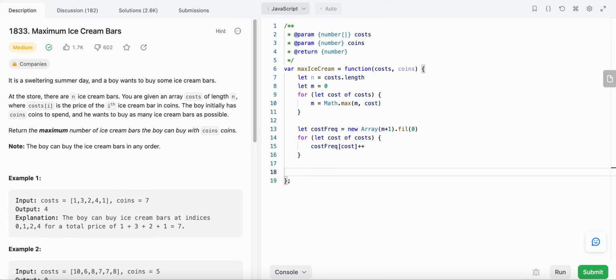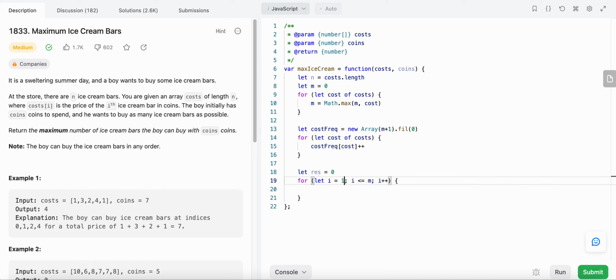Once we have all the frequencies, we define our result, that is the number of ice creams that we can buy, equal to 0 initially, and then we iterate through each of the values in the cost frequency. So let i equal 0, i is less than or equal to m, i plus plus.